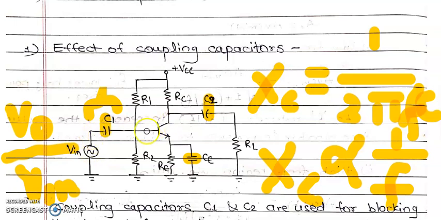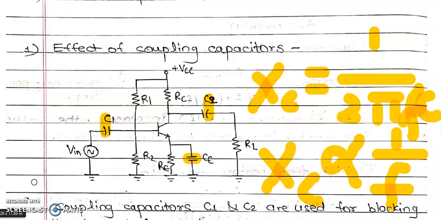We are not calculating the gain by the output voltage divided by the voltage at the base terminal. So by using this formula we calculate the voltage gain AV, and due to this the voltage gain decreases, and since the voltage gain decreases, our frequency response curve goes on decreasing at lower frequencies.